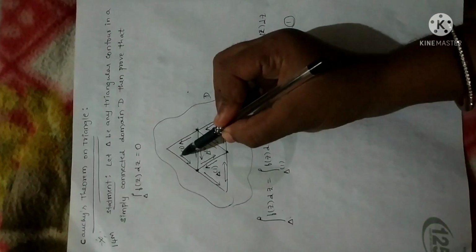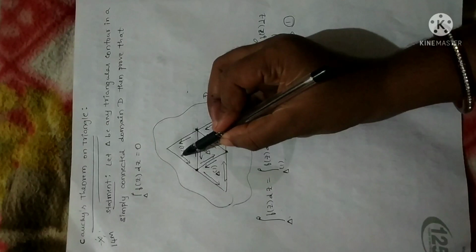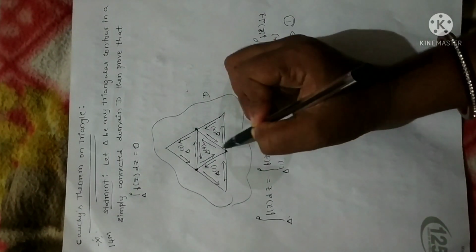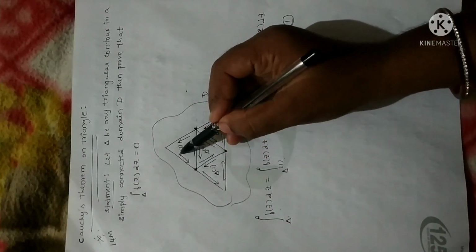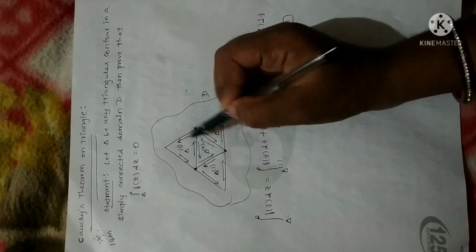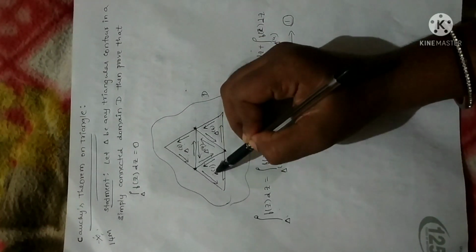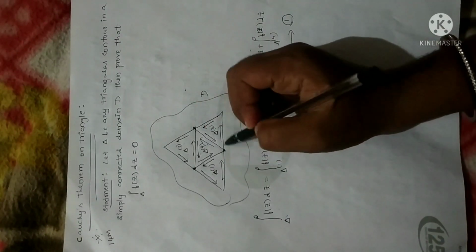The meaning is that, see here, right now I have 4 triangles. Here you can observe the direction of the arrows, on this side and this side. Totally how many sides do we have to follow? In each triangle, 3 sides. 3, 3, 3, 3: 3 ones are 3, 3 twos are 6, 3 threes are 9, 3 fours are 12. So 12 sides we have. Among that, 6 sides are repeating twice, right?